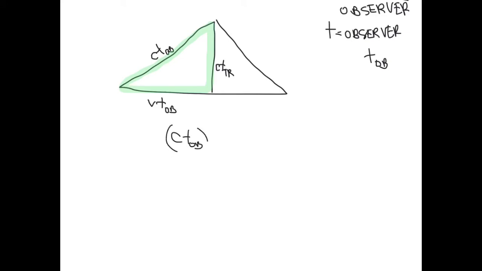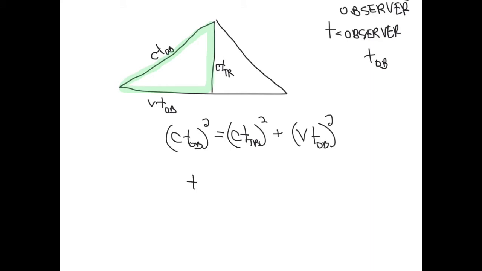And so we can just use the Pythagorean theorem. So the speed of light times the time of the observer, squared, equals the speed of light times the time that you would see on the train, squared, plus the velocity of the train times the time of the observer, squared. c squared equals a squared plus b squared.